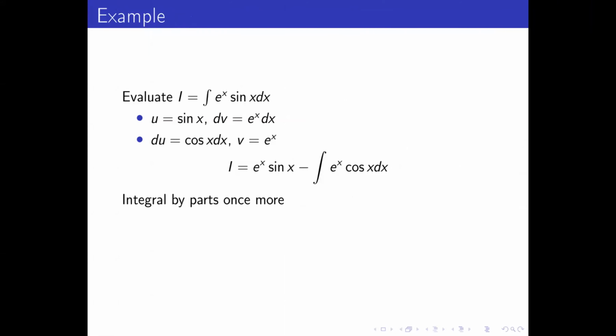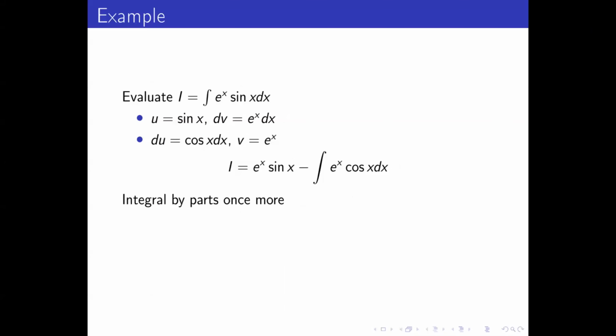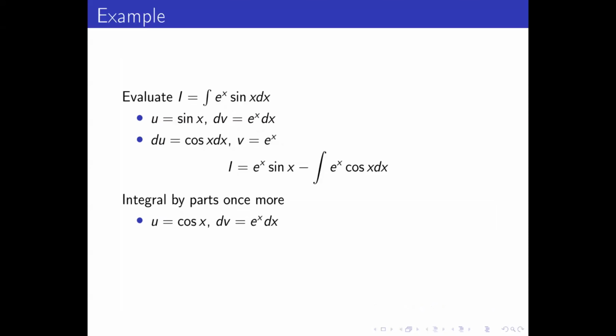integrating by parts once more, then what you get. So we're going to deal with this alone. You're going to look at this integral here, e to the x cosine x. For this, you do the same thing. v is still e to the x, and now u is cosine x.